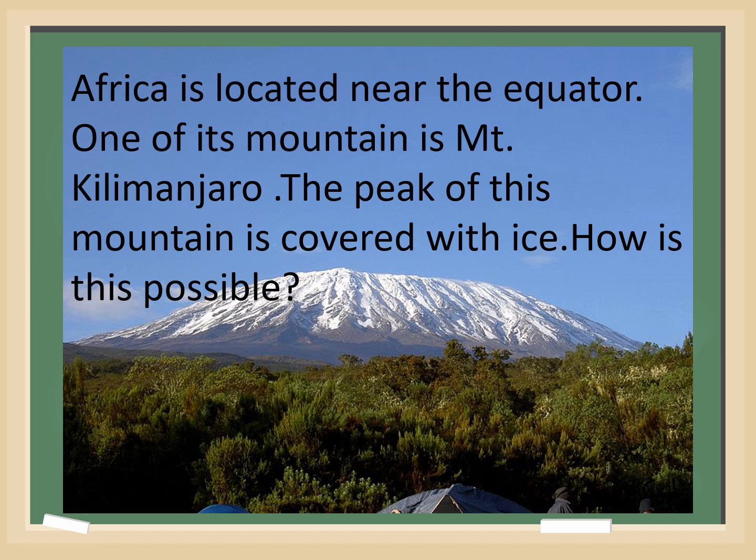We all know that Africa is located near the equator, and based on our knowledge, when a certain place is located near the equator, the temperature is high. But as you notice, the peak of this mountain is covered with ice. So how is this possible?